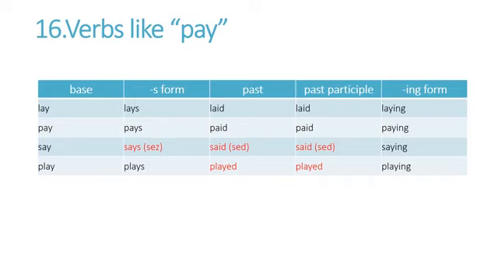However, the pronunciation is different. Say, said, said. The pronunciation is a short E sound, said, in both the past and the past participle. Also, with the S form, we don't say says, we say says, with a short E sound.